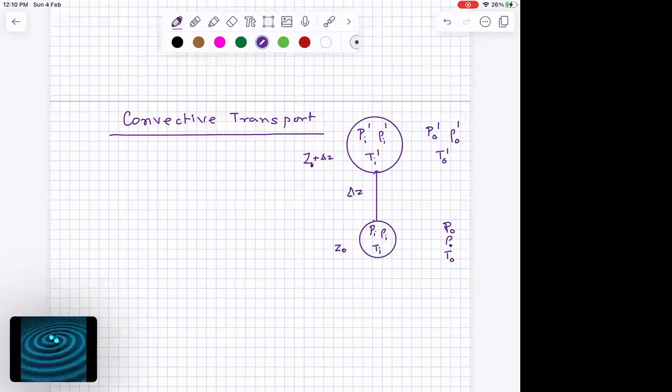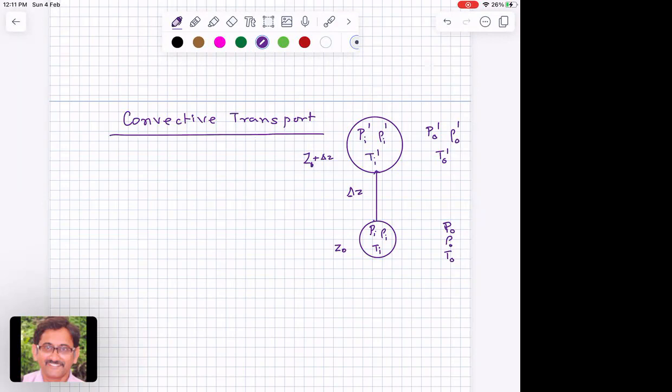Yes. Okay. So what I am trying to say is that the basic heat transfer mechanism between the blob and the surroundings will determine the pressure, density, and temperature at a height Z naught plus delta Z. Now, if at the new height, Z naught plus delta Z, the density inside, rho i prime, is more than the density outside at that height, rho o prime, then it will settle down because it is a heavier fluid than the immediate surroundings.